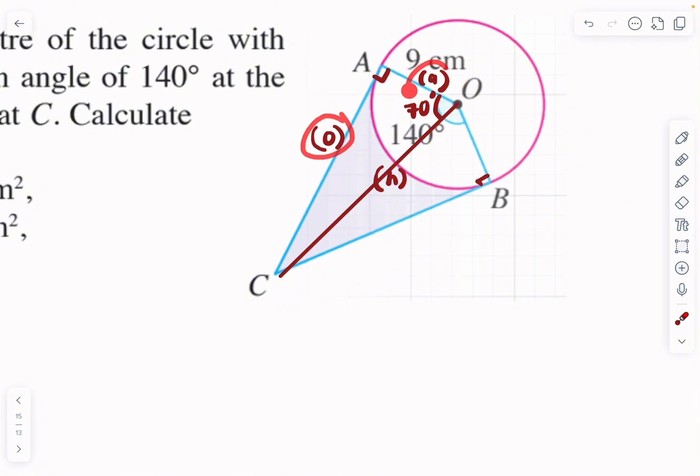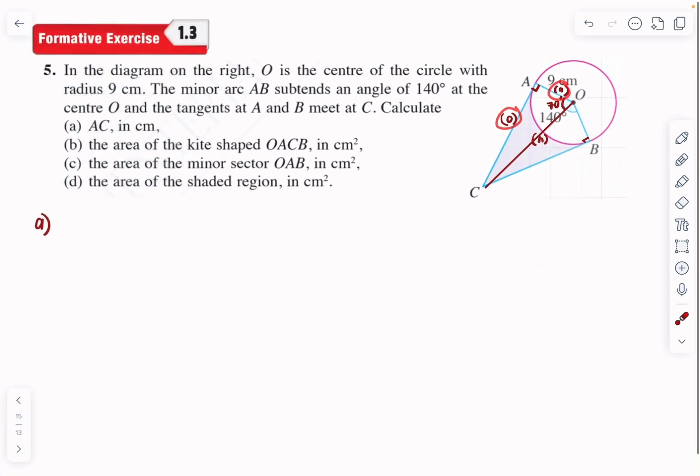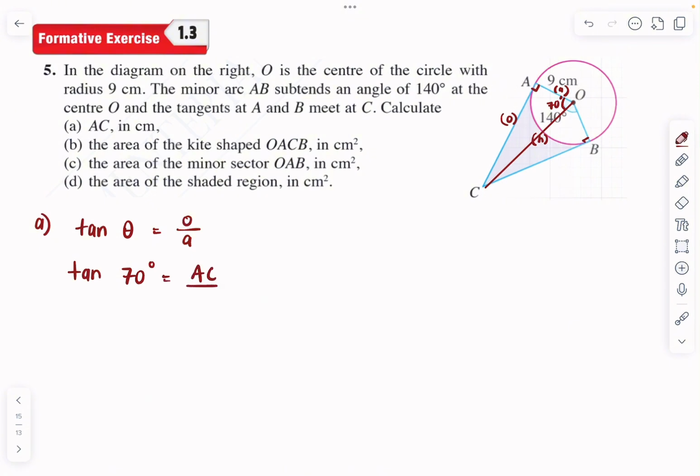So O and A is related by tangent. So we say tangent theta is O over A. So we have theta is 70 degrees, opposite is AC, adjacent is 9 cm. So AC is 9 tangent 70.